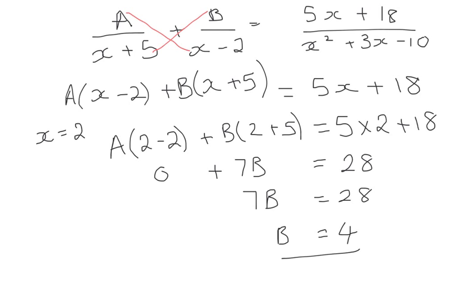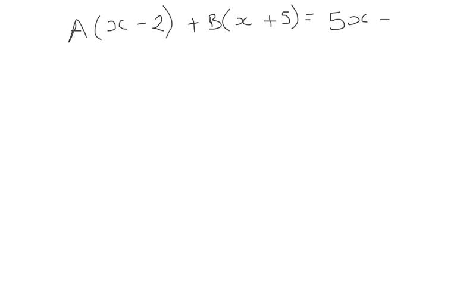That's b found. The equation was a(x − 2) + b(x + 5) equals 5x + 18. This time, choose x equals −5.